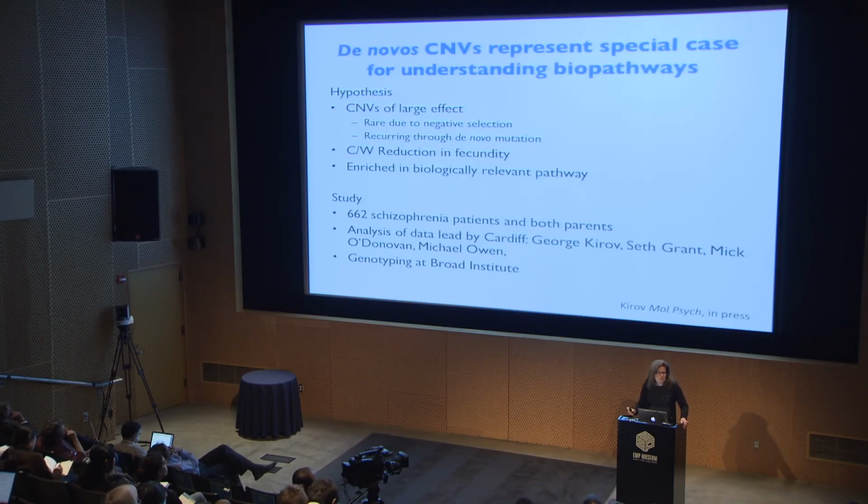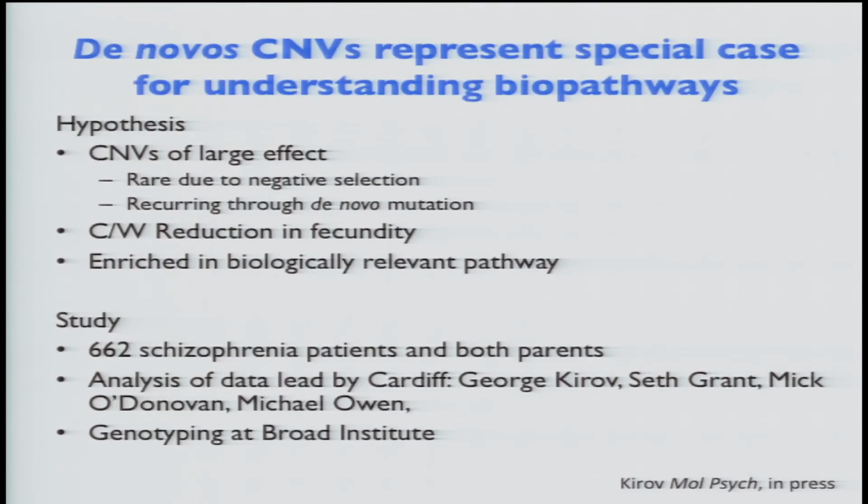De novo CNVs, those CNVs that were not inherited from parents, represent a very special case for trying to understand what pathways might be interrupted or might be part of the pathology of the disease. And so we undertook the largest study that's been done looking at the inheritance of copy number variation in children from their parents.